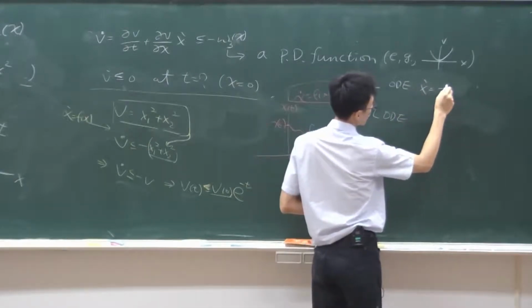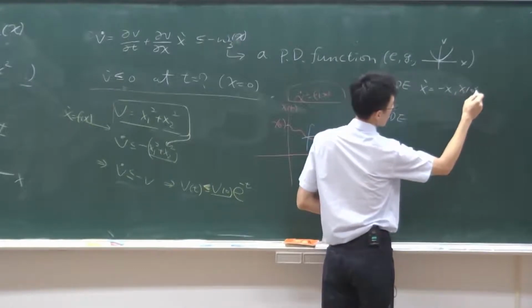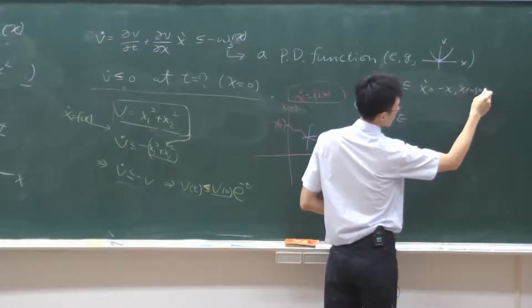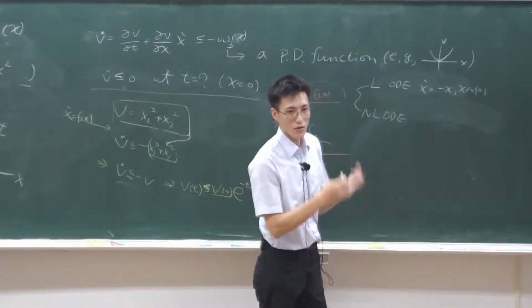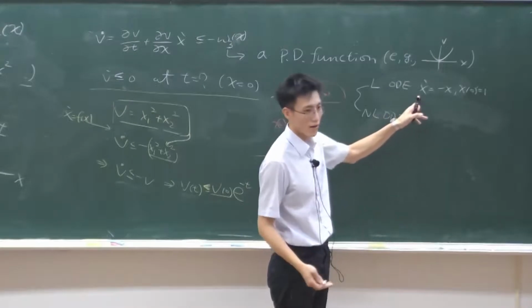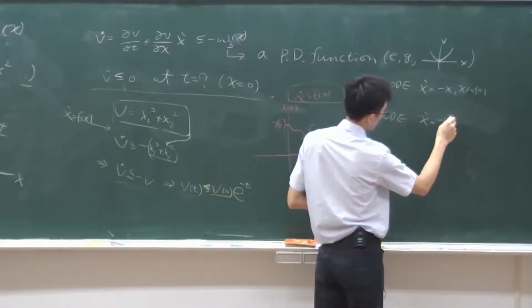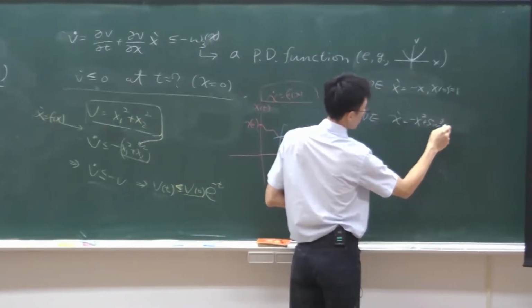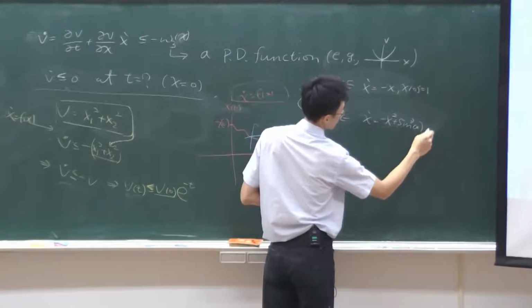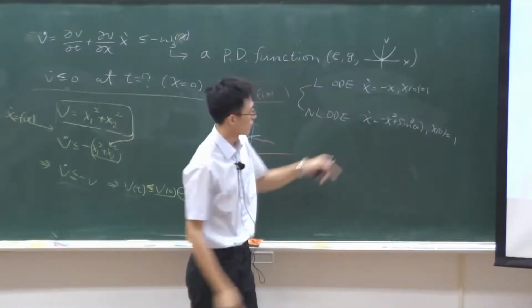For example, like this, you can solve this, right? This is a linear ODE. Everyone knows what the answer for X is. If I give you a nonlinear ODE, can you solve for X?